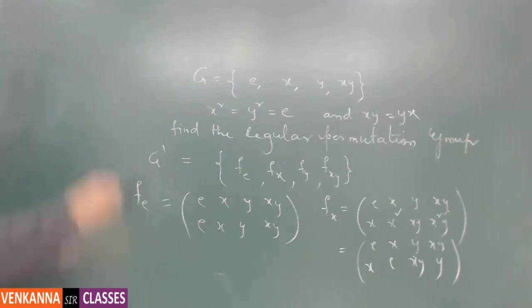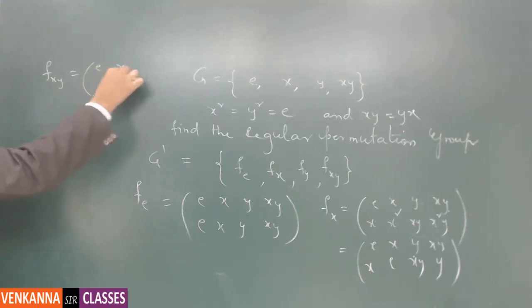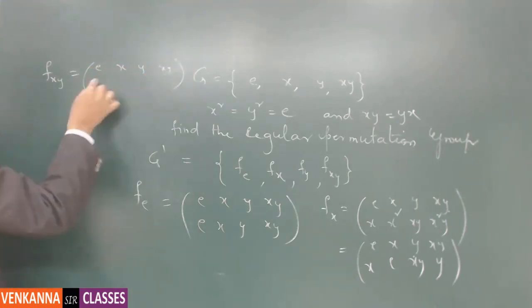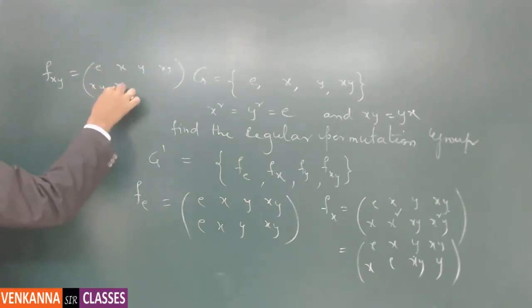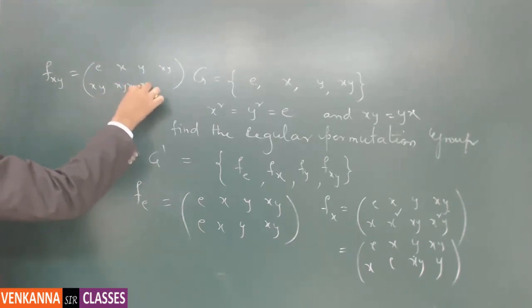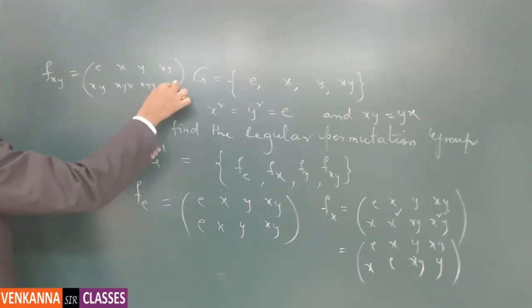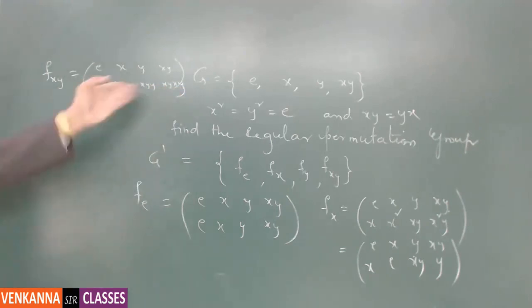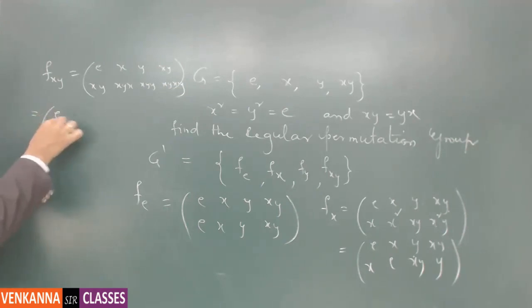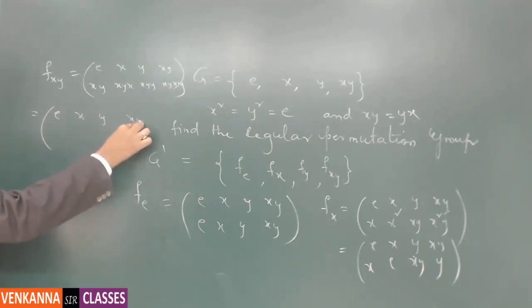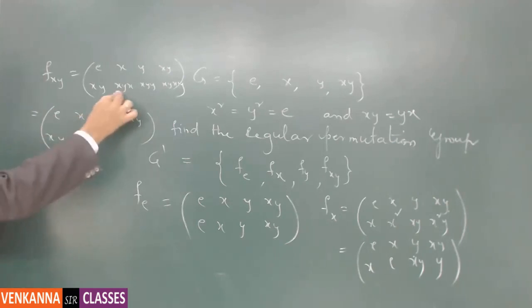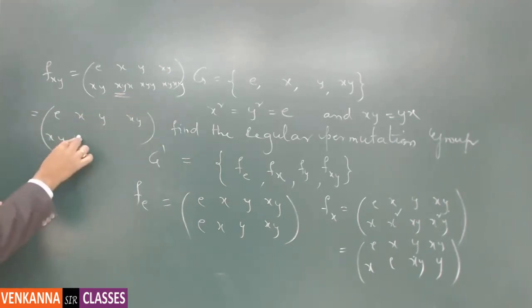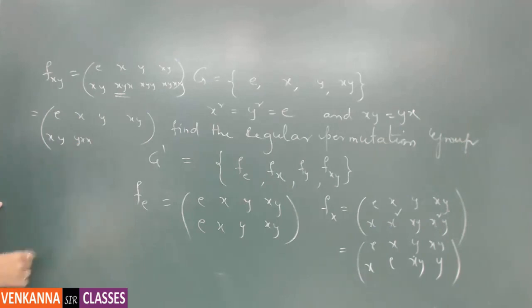I will write the last permutation, f_xy if you consider. So xy into e, xy into x, xy into y, xy into xy. This is the actual thing you need to write. Now you can modify them: since xy is equal to yx, you can write it as yxx, and this is xy square.